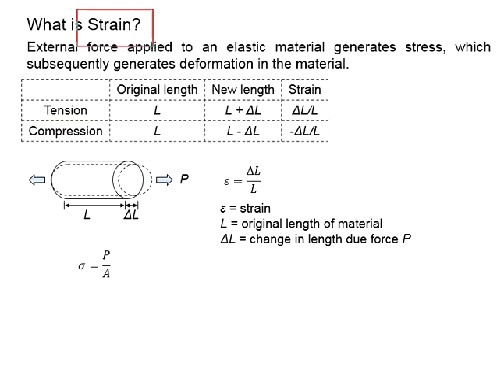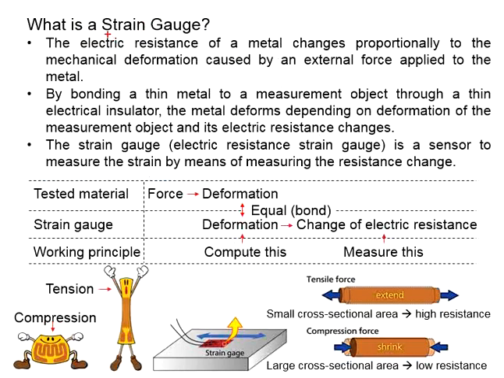Now that we know the strain, let us talk about the strain gauge. What is the concept governing the strain gauge? The first thing you need to know about strain gauge is that it is an electrical instrument. You have micro wire or electrical resistant foil on top of the strain gauge.